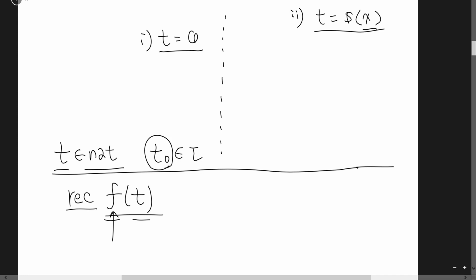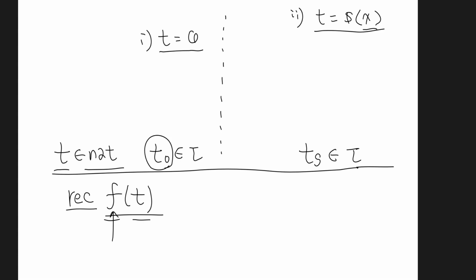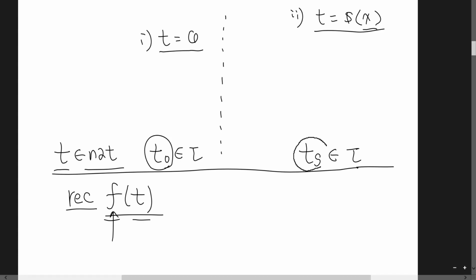In this case, again, we take term ts, and it should have data type tau, the same data type. Now, inside this term ts, of course, we may use this predecessor, which is stored in term variable x.